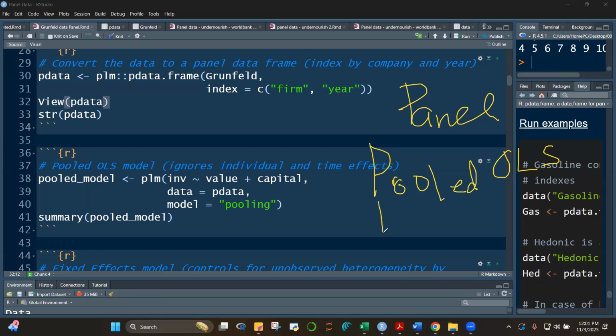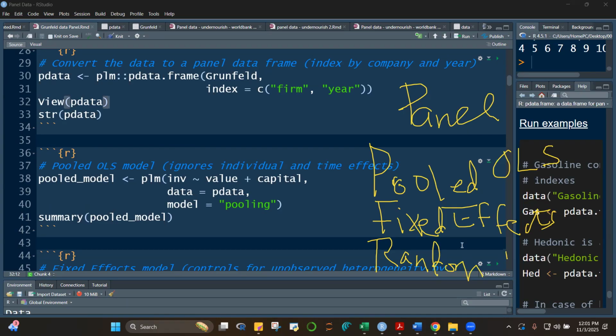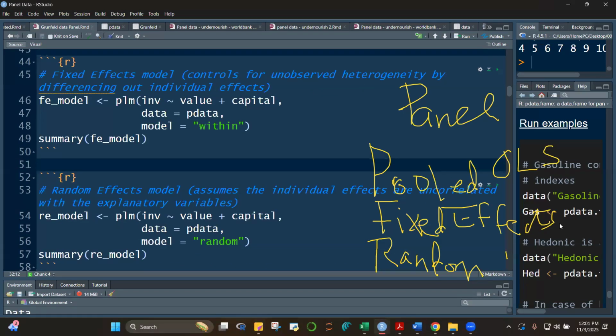Then you have your fixed effects. And then your random effects. Random effects, class. Okay. So three methods: pooled OLS, fixed effects, and then random effects.